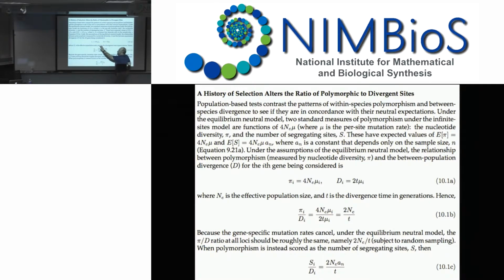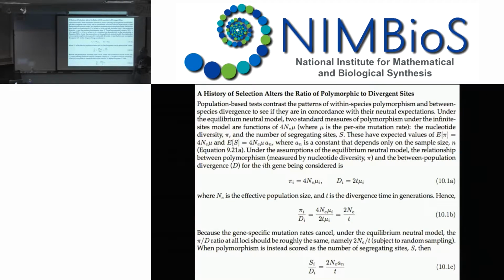So for example, the level of diversity measured by, for example, nucleotide diversity is 4Neμ_i, where μ_i is the mutation rate for the class of events you're looking at. The divergence rate is 2Tμ_i. So if I've got a species that diverged from a common ancestor T generations ago, that's the expected divergence.